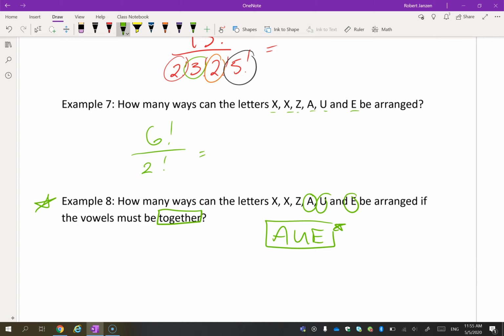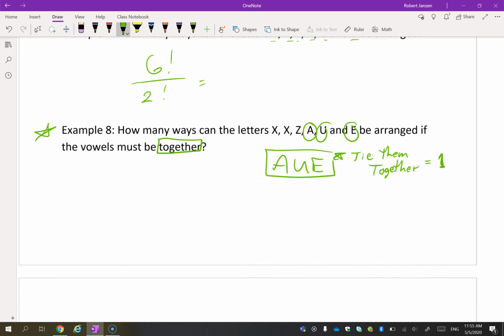I always think of this as, let's tie them together and make them one letter. Okay? So now we have X, X, Z, and we have this group of letters that we've tied together. It's just one item. So how would I rearrange these 4 things? 4 factorial. But wait, there are 2 X's. Is that it? Not quite.